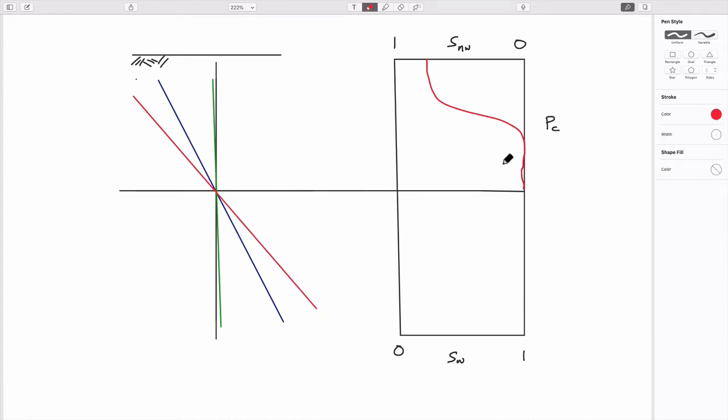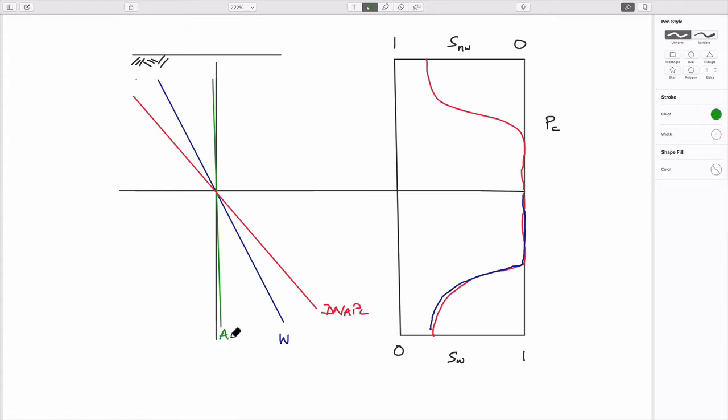And just to make the point that the capillary pressure curves that we've already dealt with, the one that we've been interested in the subsurface has really been one that is both, this is just the inverse of this upper curve, and I'm going to draw it both red and blue because it represents the capillary curve between DNAPL, so this is water, this is DNAPL, and this is air.